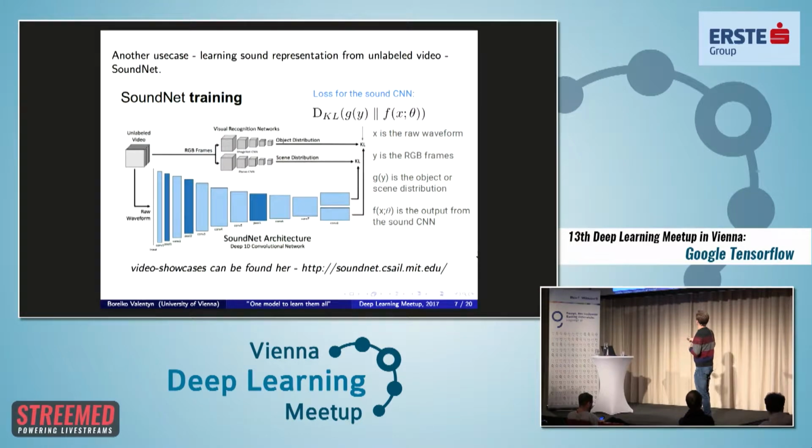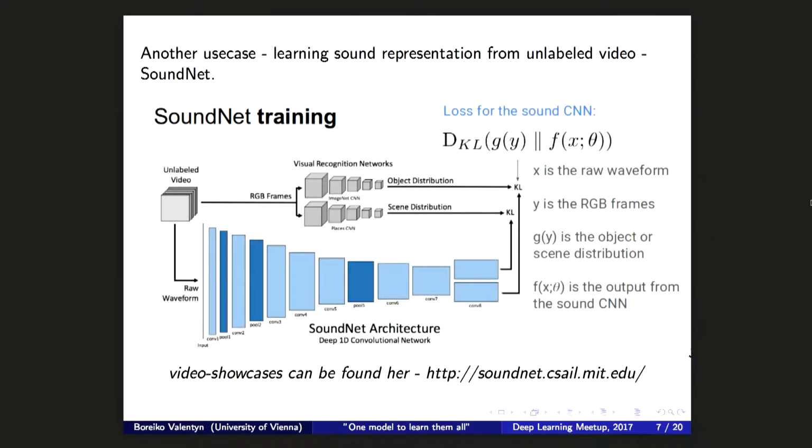Then we can also use the Kullback-Leibler divergence as a metric to reduce the distance between the audio and the image frames. So in this case, it's the SoundNet architecture. I can also show you a video if I'm allowed to do so via internet.